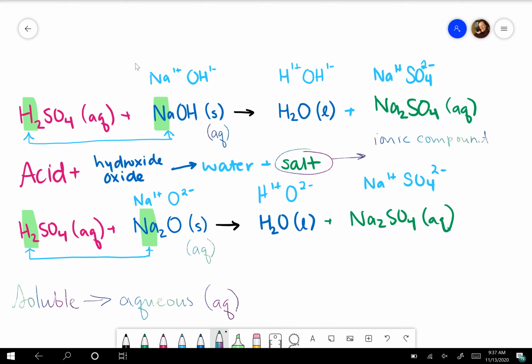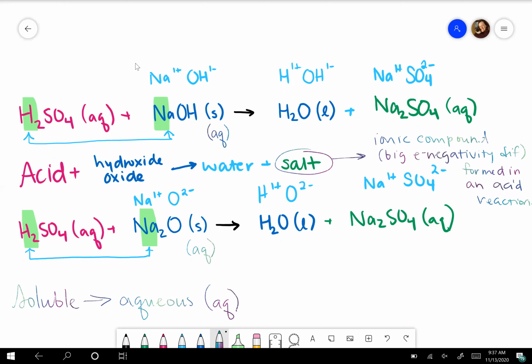So that means big electronegativity differences. Big electronegativity differences formed in an acid reaction. That's our definition for a salt.